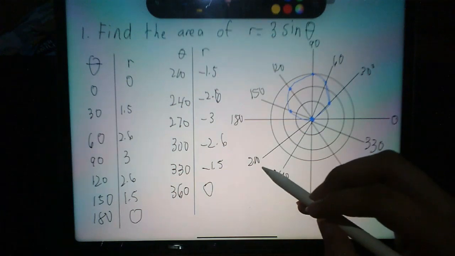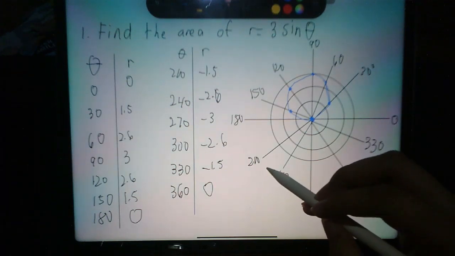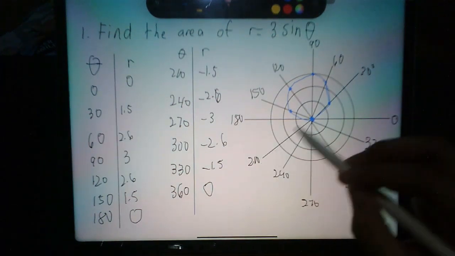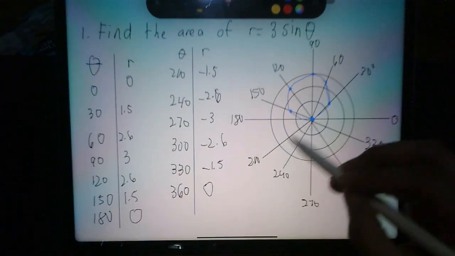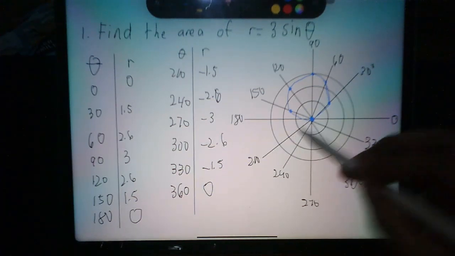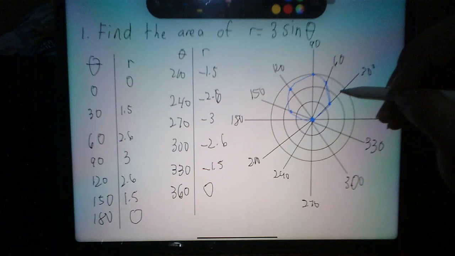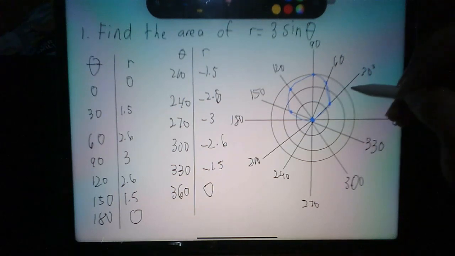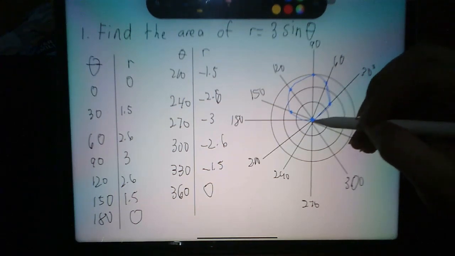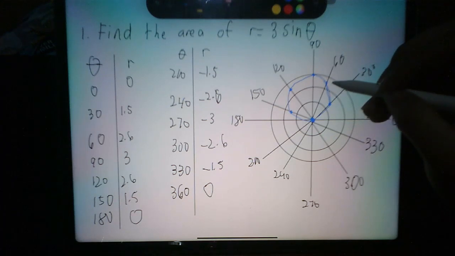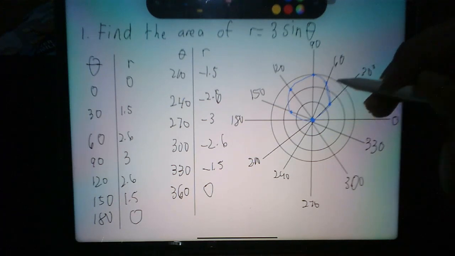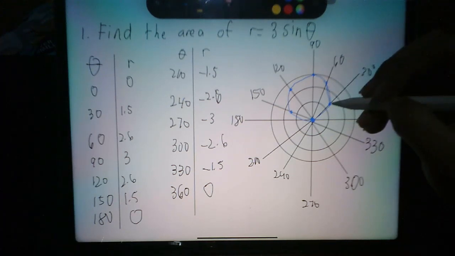So 210 here is negative 1.5. So this line here is positive, so at the opposite, this line here is just equal to 210, negative 1.5. So it's still the same.